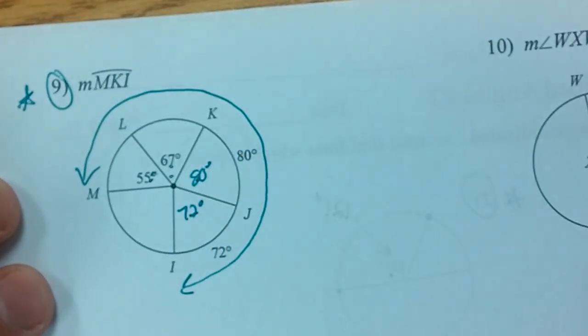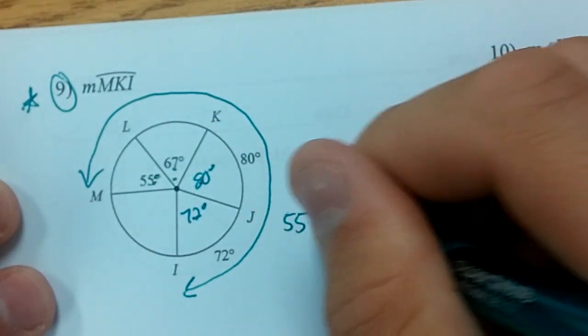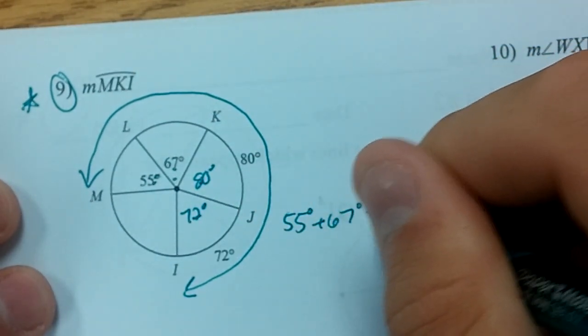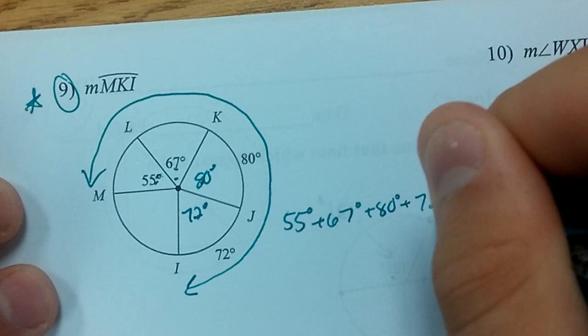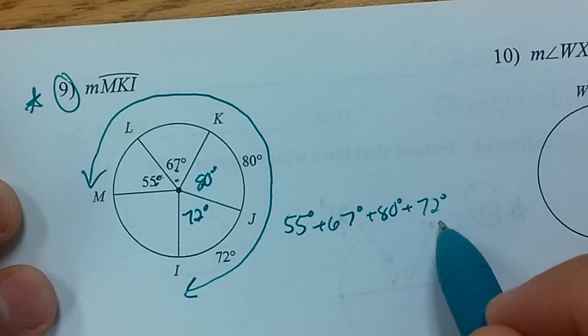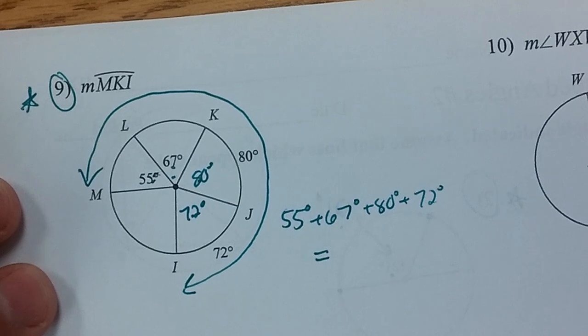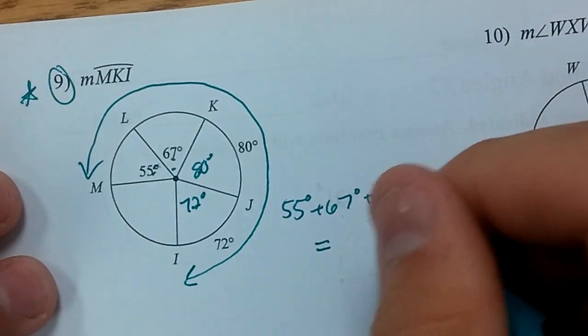We can write them inside. So to find the entire thing, you're going to add all the pieces together. 55 plus 67 plus 80 plus 72 is going to be equal to 274 degrees.